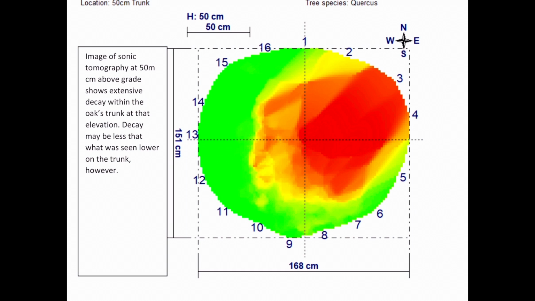It might not technically be living wood, but it's structurally sound. And they put, in this case, 16 sensors around the tree, and over by sensors 2, 3, and 4, that's where the sound waves are traveling more slowly through the tree, and it's indicating that the wood in that red section and the orange and yellow sections are less structurally sound than that green section.